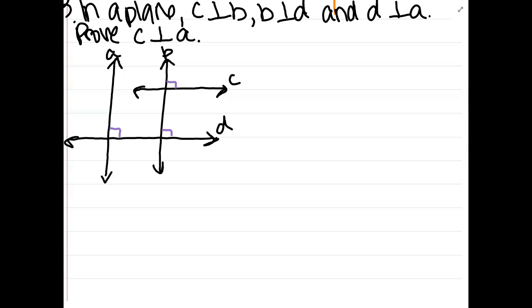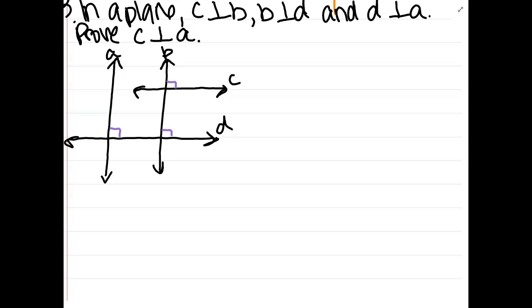C is perpendicular to B, and B is perpendicular to D. Right, so we're tying both of the new perpendicular theorems together. First, we know that C and D are parallel. We just proved that, because they're perpendicular to the same line. Even though it's a new proof, we're going to have to say that again.